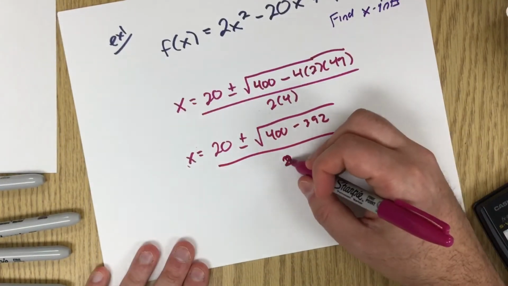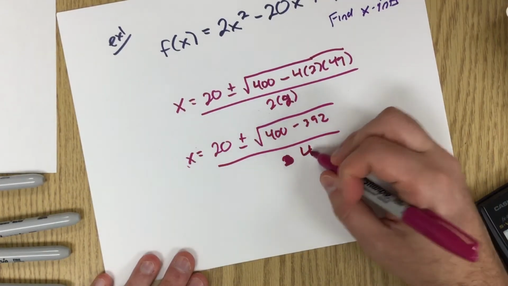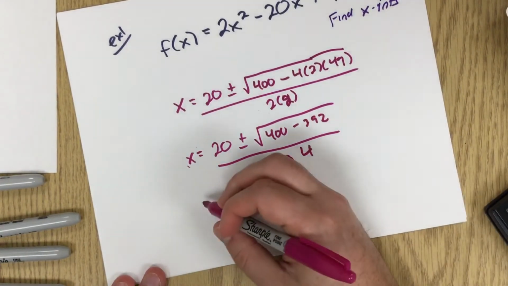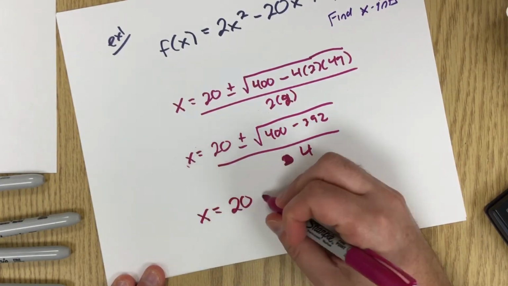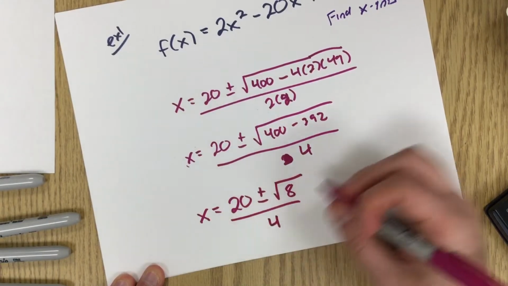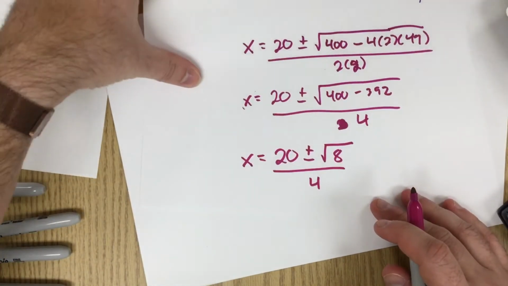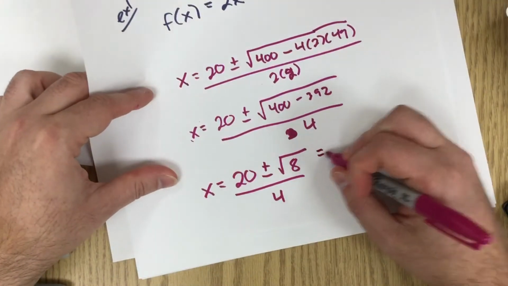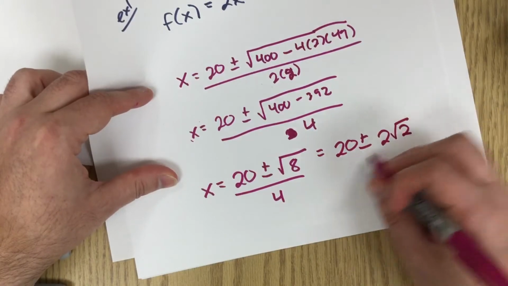I apologize for that. That should be a 2 times 2. It does become 4. So x is 20 plus or minus root 8 over 4, which is 20 plus or minus 2 root 2 over 4.